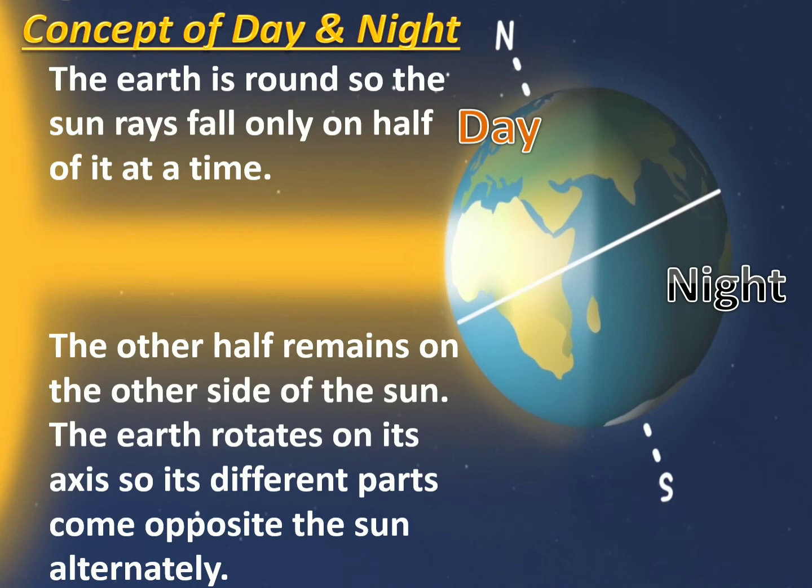This is how day and night happen. So, India and the USA are on opposite sides of the Earth. When India faces the sun, the USA experiences night. And when the USA faces the sun, it is night in India. Clear, all of you?